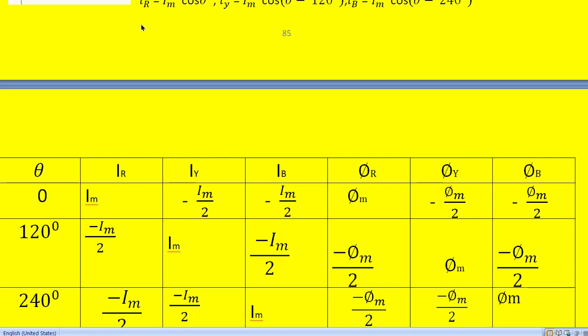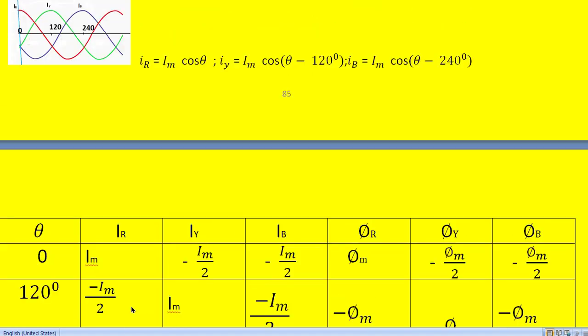So the IR value will become minus Im by 2, which means its value is half the maximum current and its direction is negative. So that is what we can see here. IR value at 240 degrees is half and in the negative direction, simply minus Im by 2.